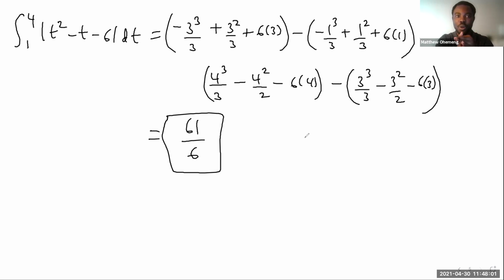And we just saw that FTC part 2 is all that you'll be using. Whenever you want to find a definite integral, just get the antiderivative, evaluate at the upper limit minus evaluate at the lower limit, and that's all. Any questions?